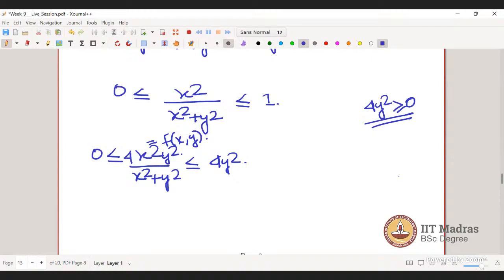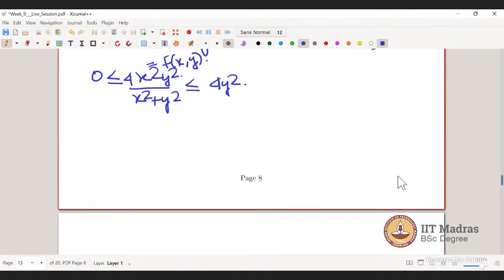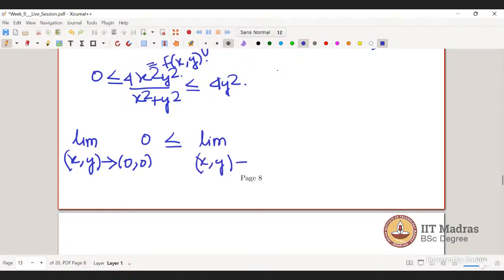So now I have this inequality. If I apply the limit, the limit of the right side will be 0.